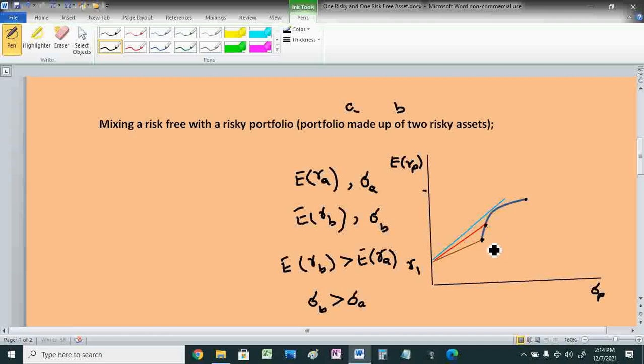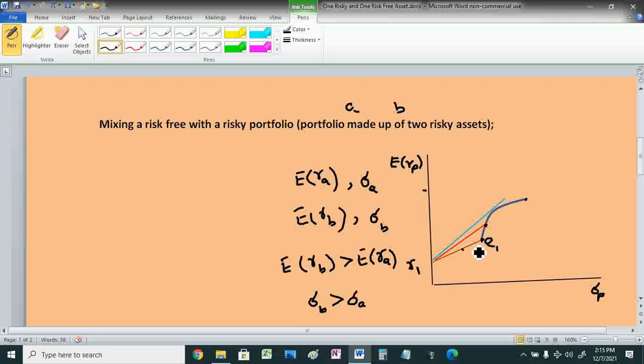Call this portfolio E1, and then connect this point with this intercept R1 to obtain this ray, and then see that wherever we are on this ray, it will be representing a proportion of saving going to the risk-free asset, and the rest of the proportion of the saving going to the portfolio of risky assets represented by E1.